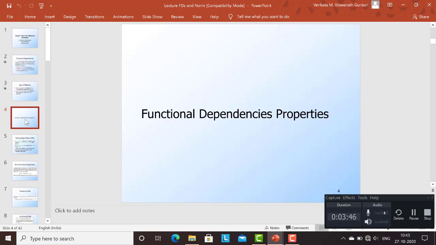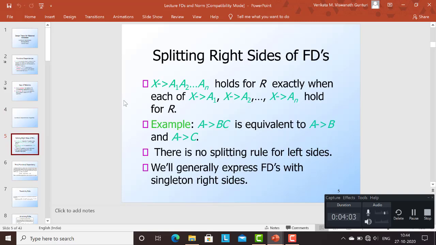Once the basics are covered, we'll go into normalization, because that set of slides will actually use this functional dependency theory. Okay, let's start. Some properties of functional dependencies.